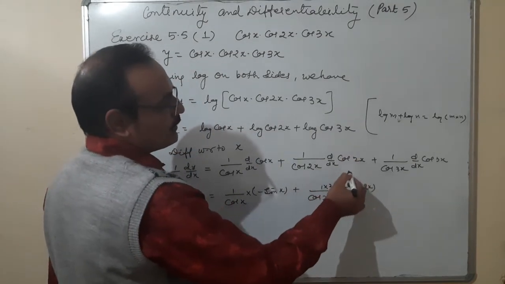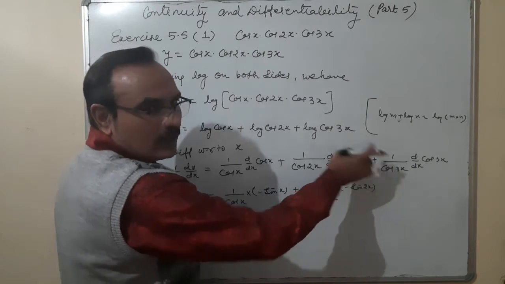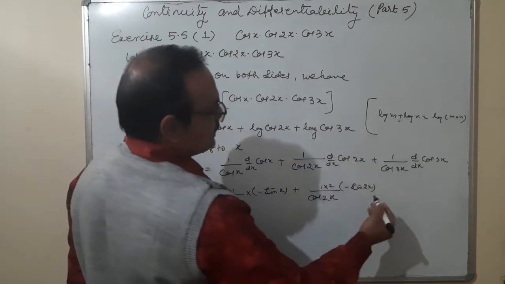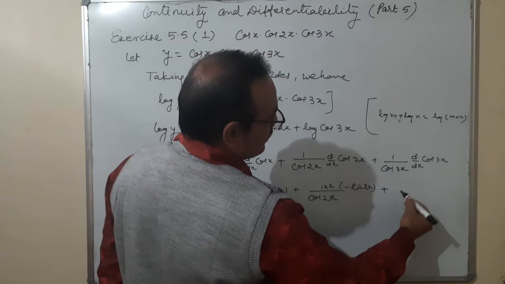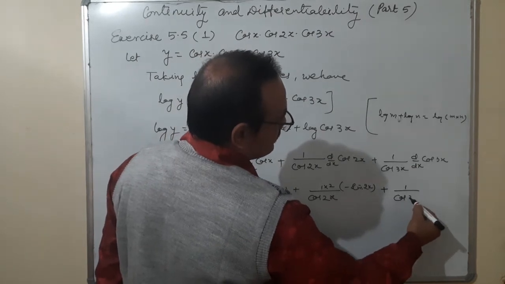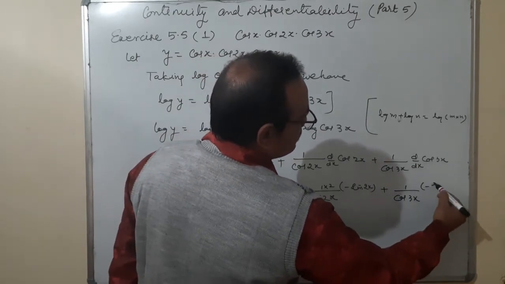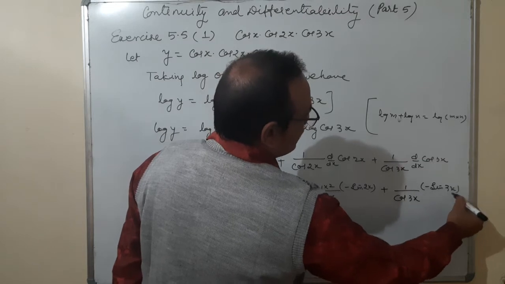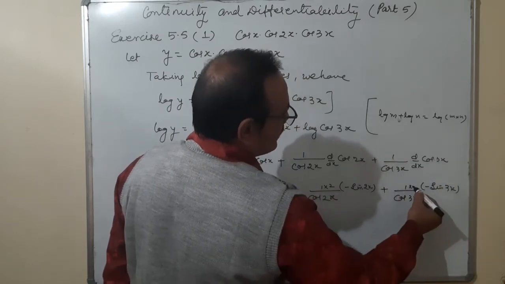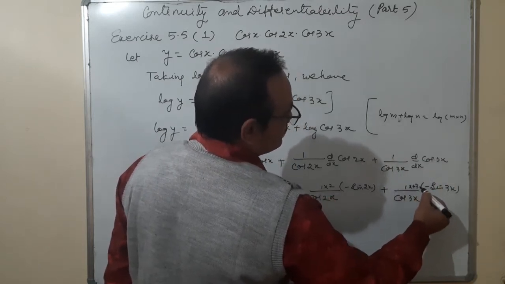Then 1 upon cos 3x, the differentiation of cos 3x is minus sin 3x, and the differentiation of 3x is 3.